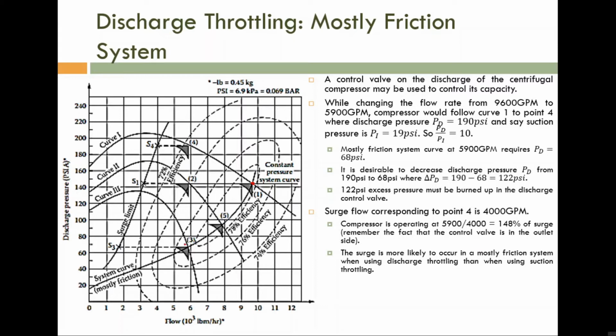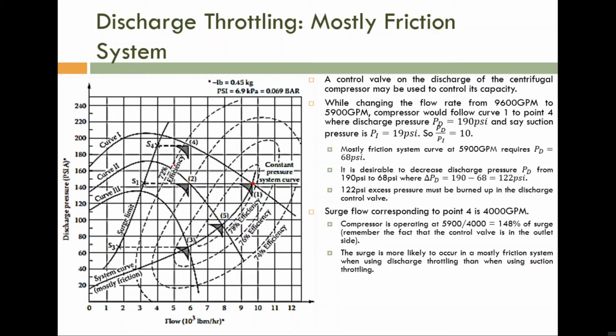For that purpose also, we are throttling the suction line. Throttling the suction line means we are decreasing the inlet pressure, the suction pressure, from 19 psi to 6.8 psi. By decreasing that pressure, we can reduce the discharge pressure to 68 psi.